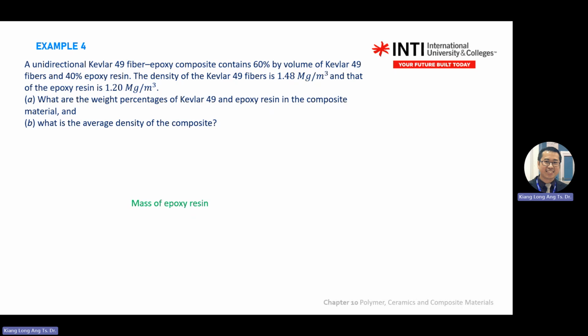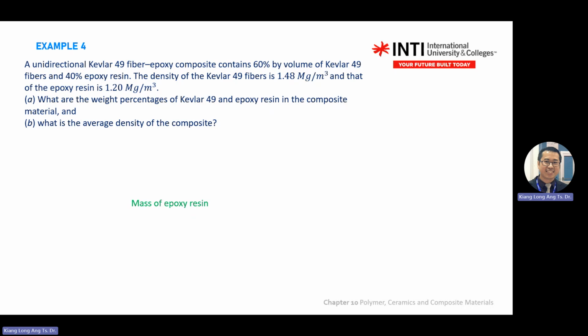Again, as I wrote on the whiteboard, a composite has only two main ingredients, matrix and fiber. Sometimes the matrix is called resin, but matrix is more common. Resin is like a glue, a super glue. So epoxy resin is a super glue.